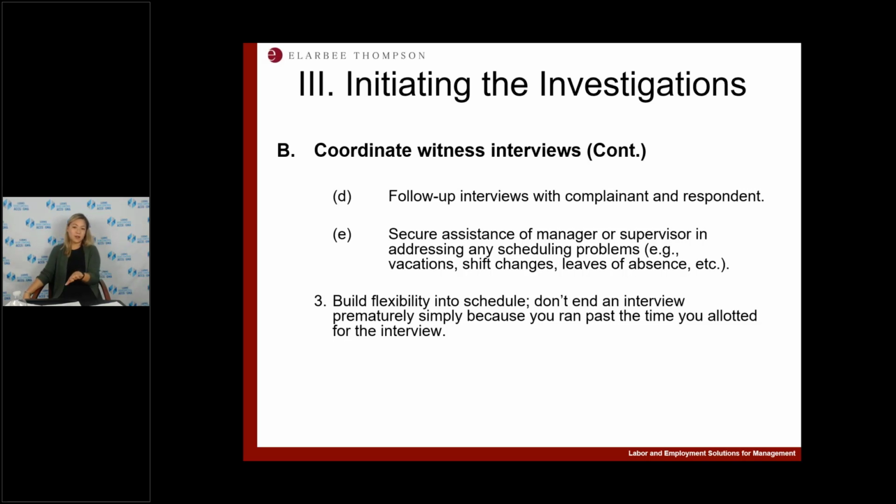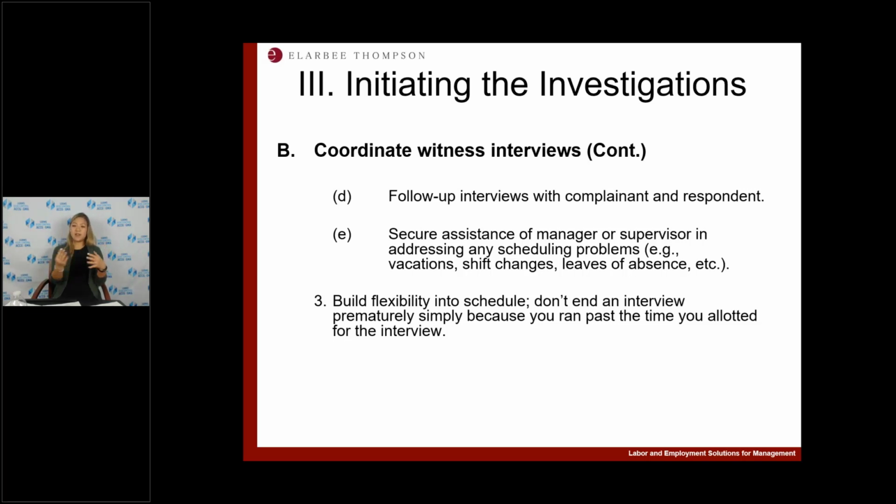He still felt like he was being mistreated by his supervisors, but on a more personal level, that it was a personality clash, and he walked back because we were able to fully flesh out his complaint.